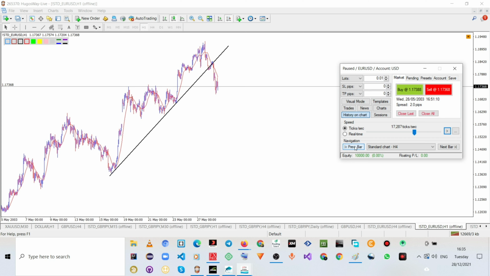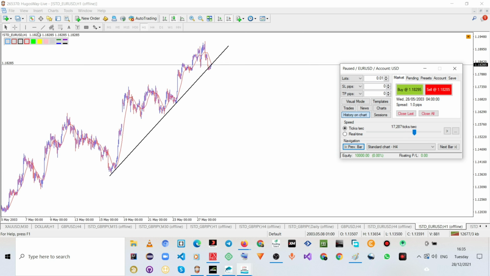So let me show you more. Let me rewind a bit and place my parameters. So my stop loss will be right here, the previous high.